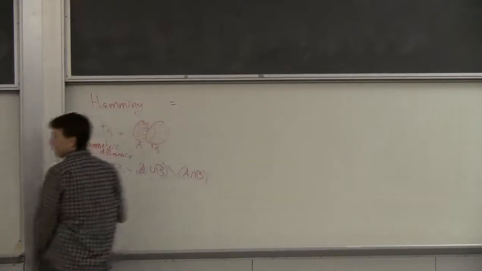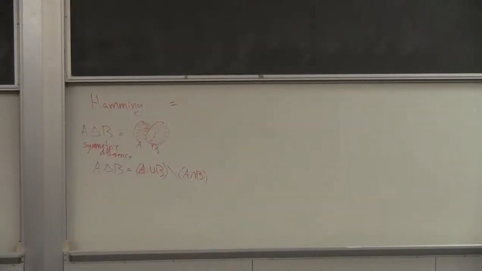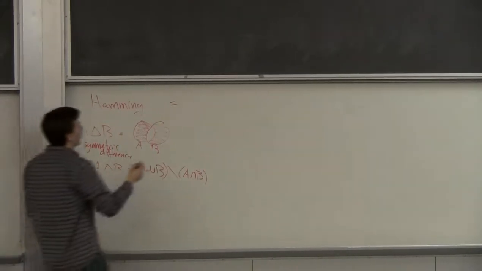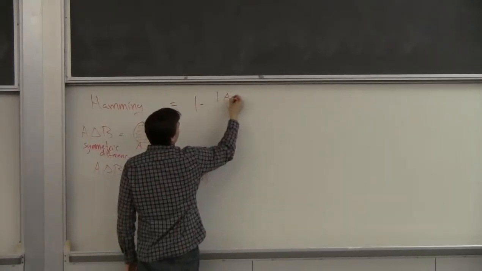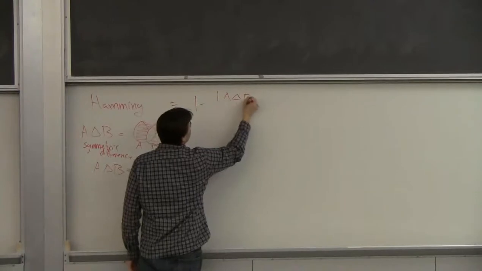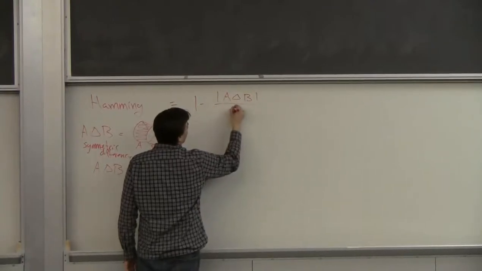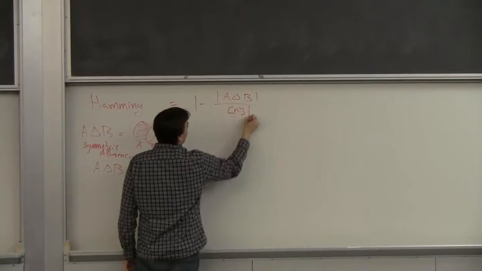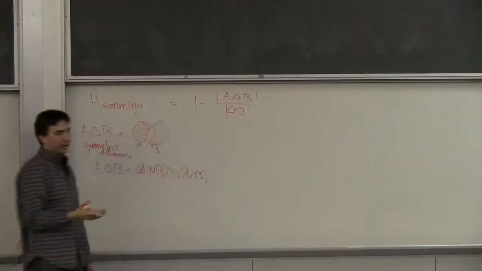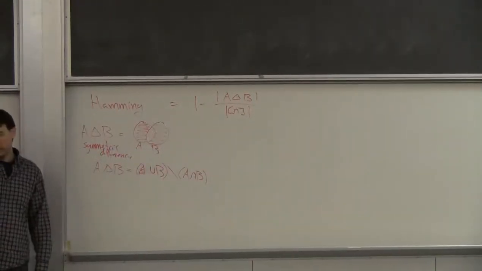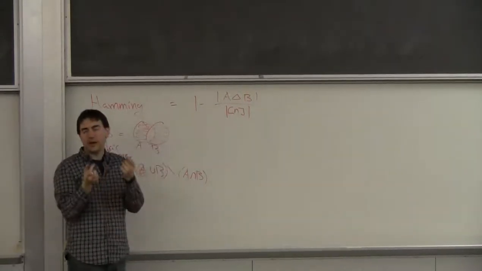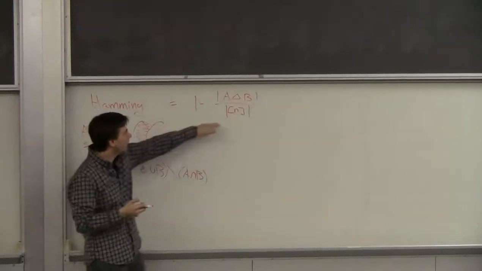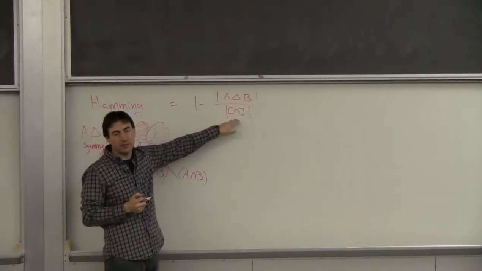Okay. So the Hamming distance, or the Hamming similarity, is going to be 1 minus the size of A symmetric difference B over the size of the full set. Now, different from the Jaccard similarity, which only depended on the elements in A and B, this one now depends on the number of elements in the full set.